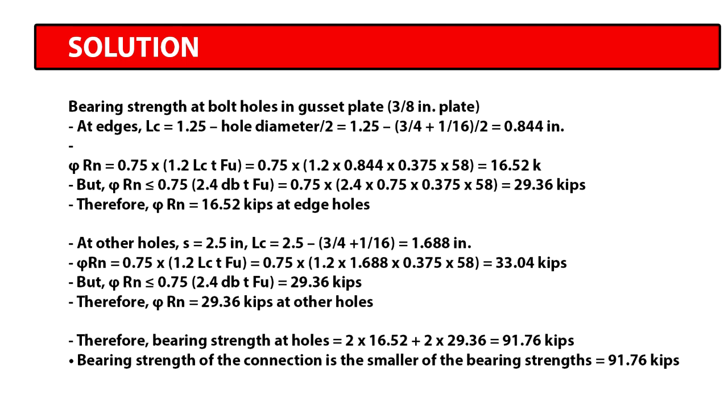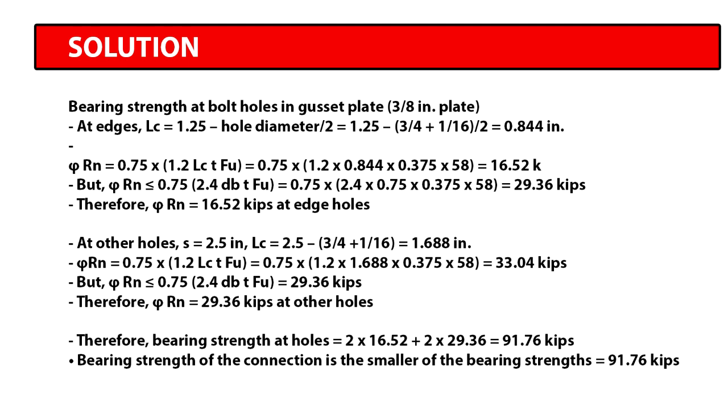Now for the bearing strength at bolt holes in the gusset plate, just repeat the process and substitute the corresponding values. So our Phi times R sub n for the edge holes, we get 16.52 kips, and for the other holes we get 29.36 kips.